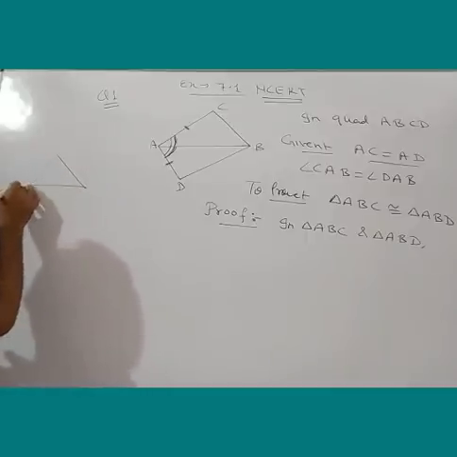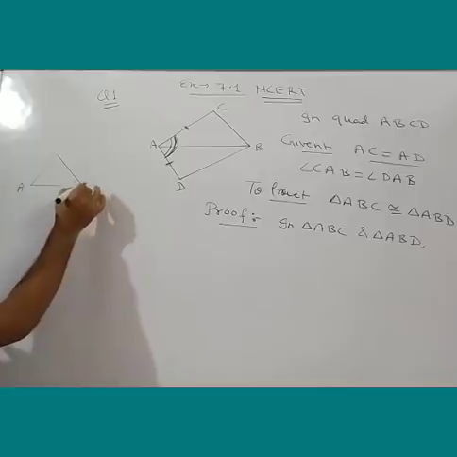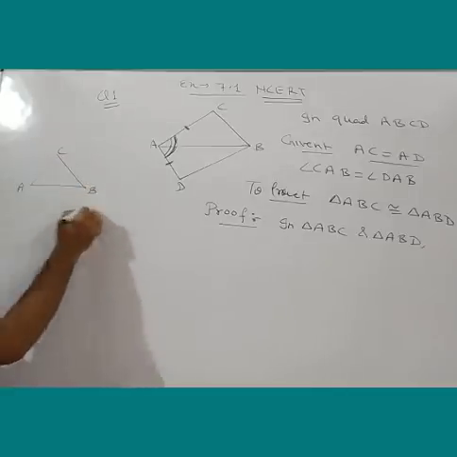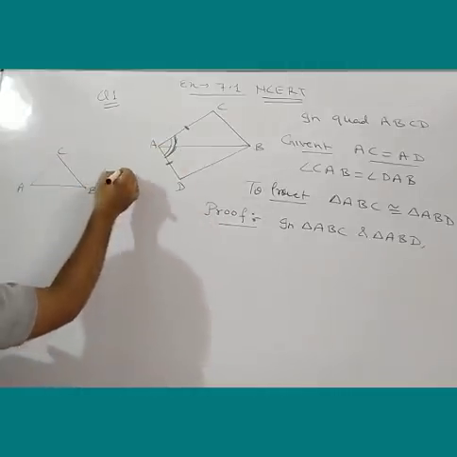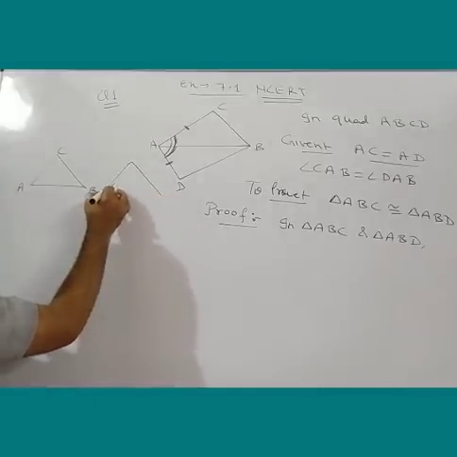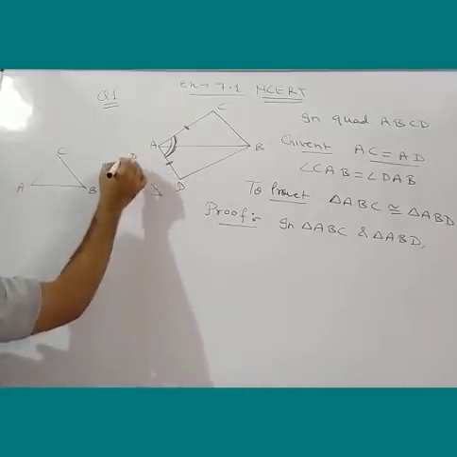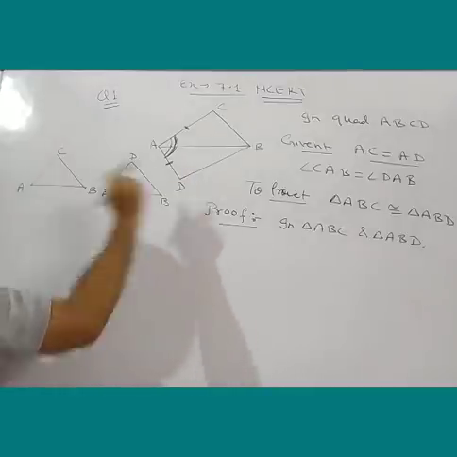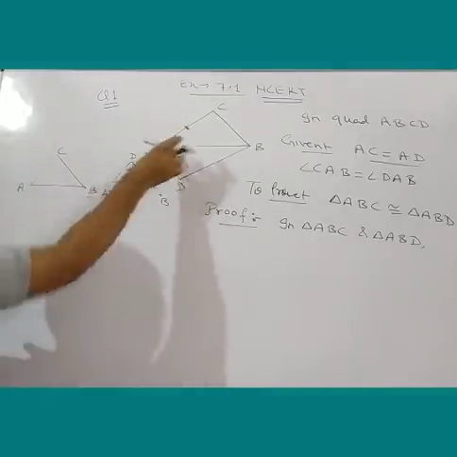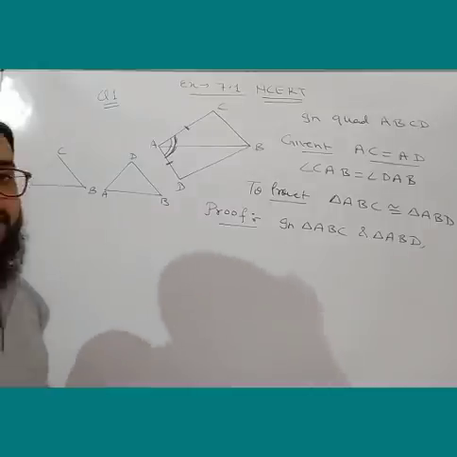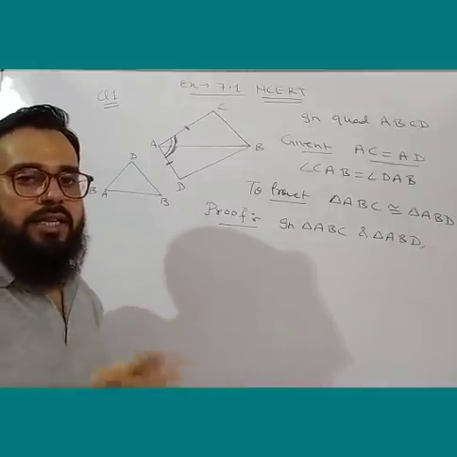The most simple method is to draw the figures separately. This is ABC and the other triangle, which is given in the downward side, but we can draw it like this. This is D, this is A, this is B. If we draw both the triangles separately, you can check very easily which two sides are equal.